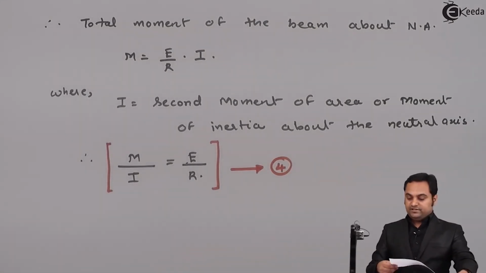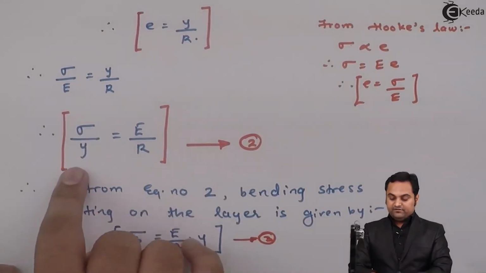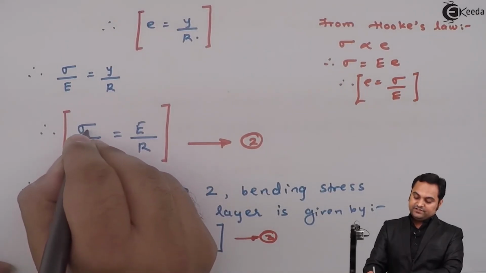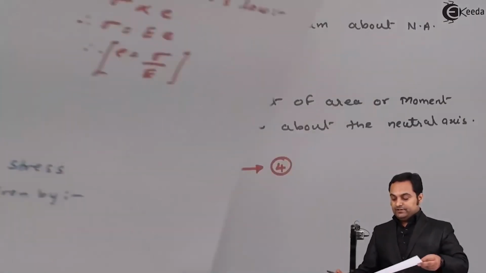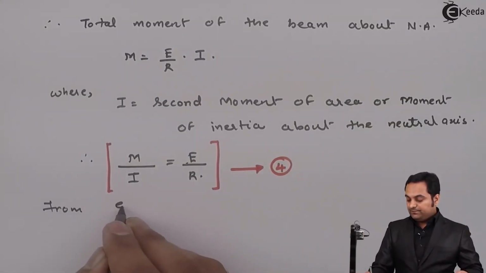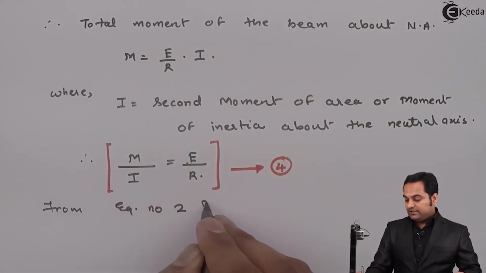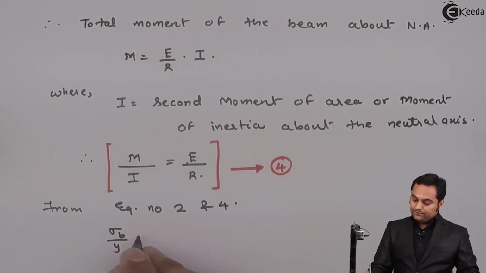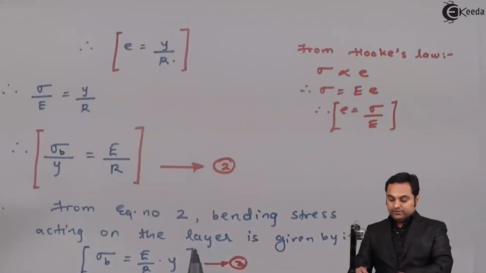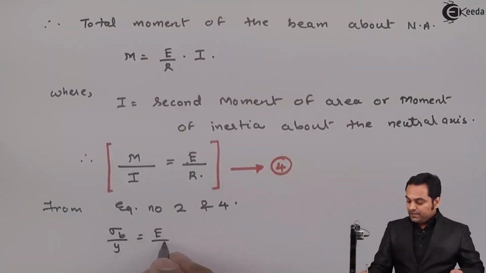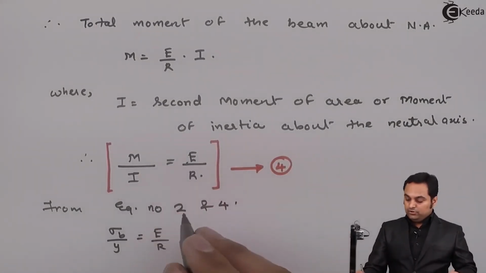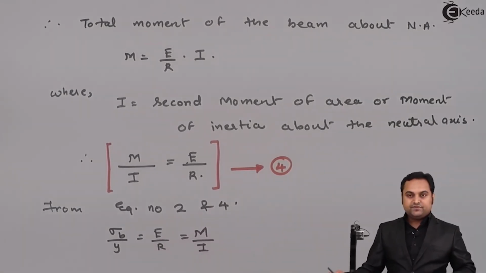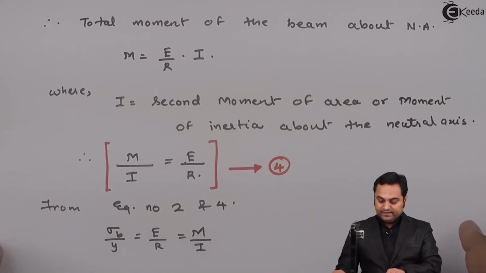So here as we can see from equation number 2, we were having sigma upon y is equal to E by R, and this sigma is nothing but sigma suffix b, that is bending stress. So I'll say that from equation number second and fourth, sigma b upon y is equal to E by R, and similarly in equation 4 we have E by R, so E by R is also equal to M upon I. So from both the equations I am getting this form.